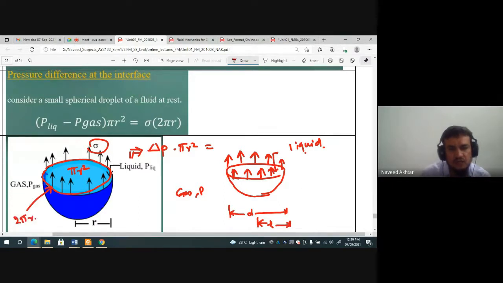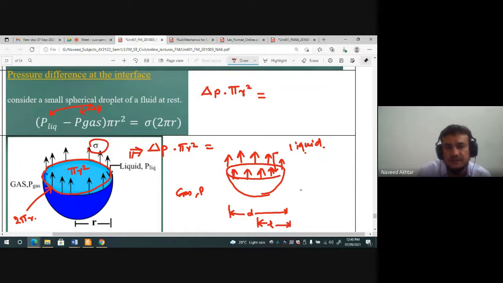So the difference in pressure, the pressure in liquid and pressure in gas, is nothing but delta P. So delta P into the area, pi r square, is the pressure difference at the interface.